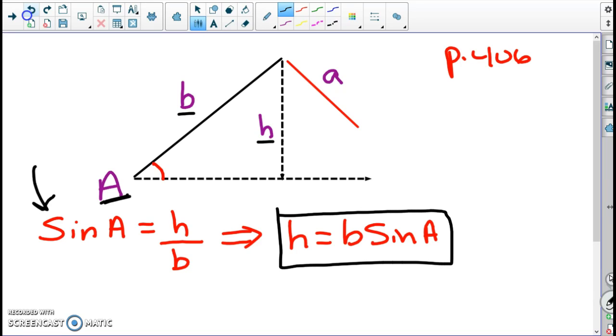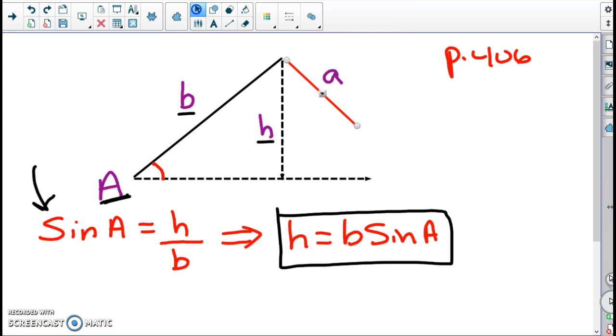So, given this triangle at the top, the first case we want to look at is where side A is less than the value H. This height would be the absolute shortest side that we could have. What we're trying to do is compare that to A and look at the situations.